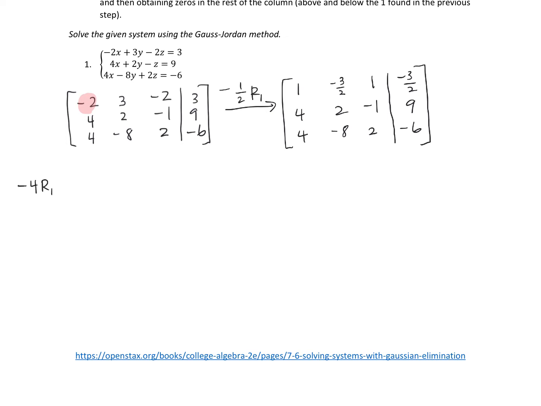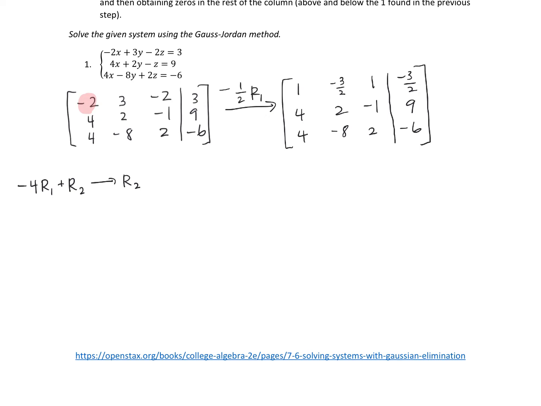Whichever row has the 1 that you just got, in this case the first row, you multiply that row by the opposite of whatever you're trying to zero out. Since I'm trying to get the 4 to be a 0, I would multiply the top row by a -4. Once you do that, you add it to the row you're trying to zero out, and you replace that row.